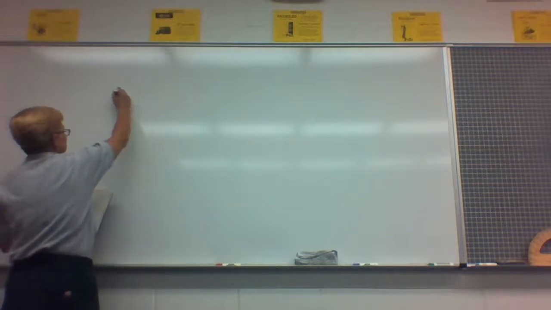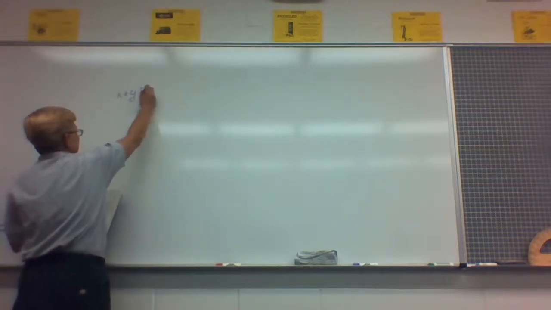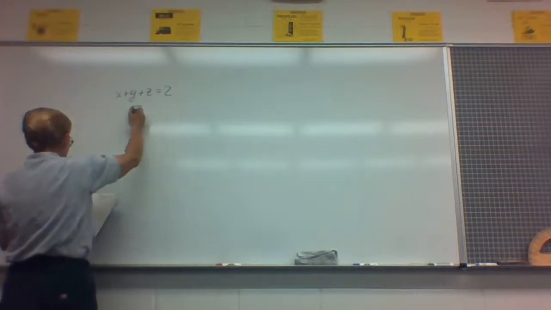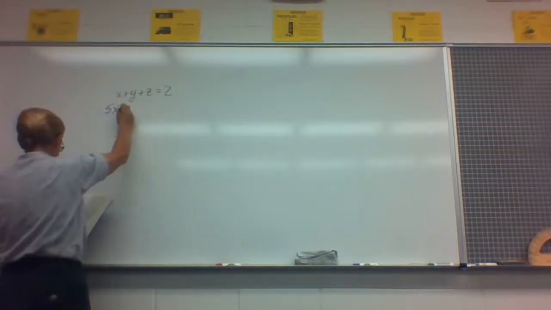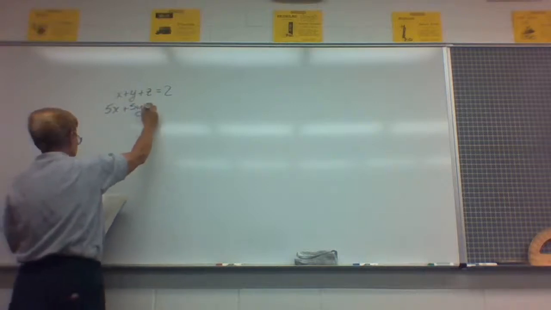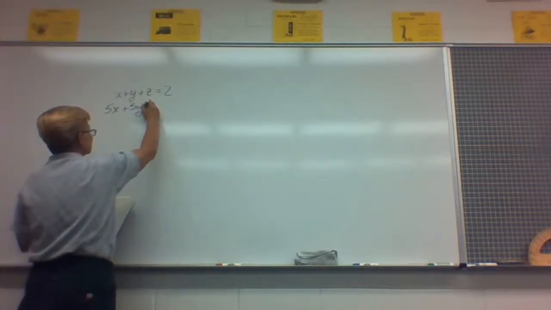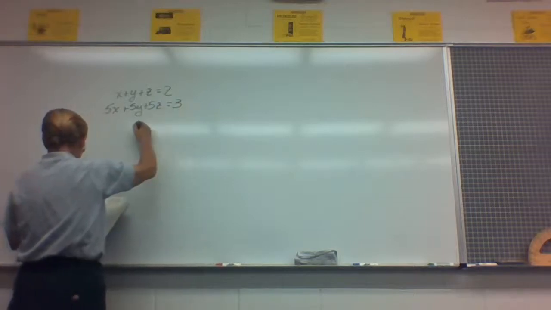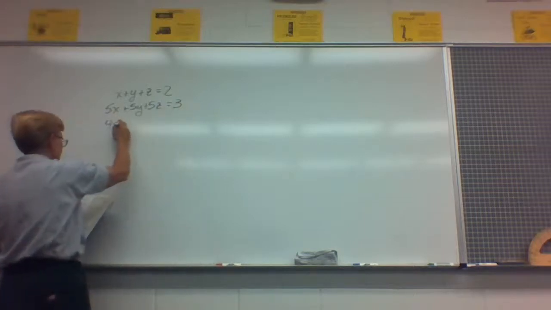So I have x plus y plus z, that's nice, easy. Whenever there's ones, it's a lot easier to deal with. 5x plus 5y, no plus, 5z. Right there, you can tell there's going to be no solution. Or at least that there's going to be a problem.